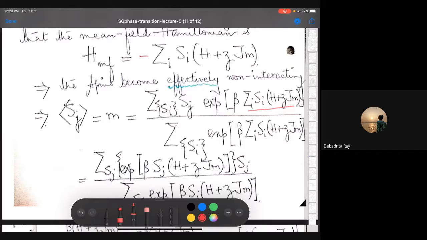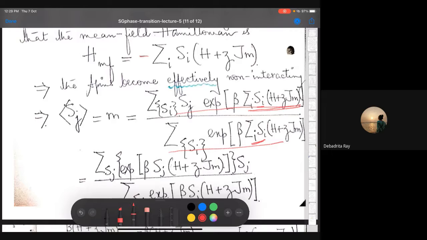You see, in this sum, there is no cross term. There is no SI term. You have just summation over I SI. Here also you have summation over I SI. So if I write it out fully, the numerator and the denominator, there are certain terms which are going to cancel.